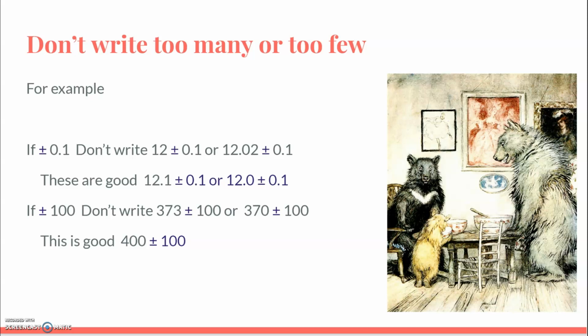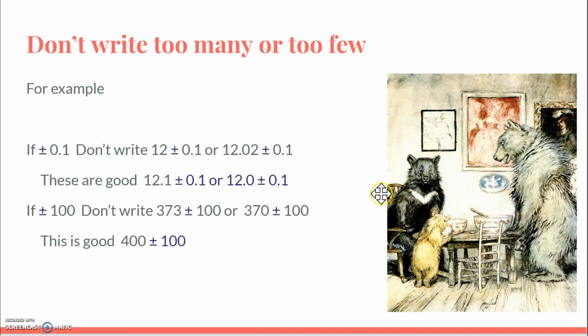We could read something like 12.1 or 12.0 or 12.2, something in the tenths place. If I had an instrument that read plus or minus 100, I wouldn't record a reading of 373 or even 370. I'd have to have something that was plus or minus in the hundreds place. So 400 plus or minus 100.